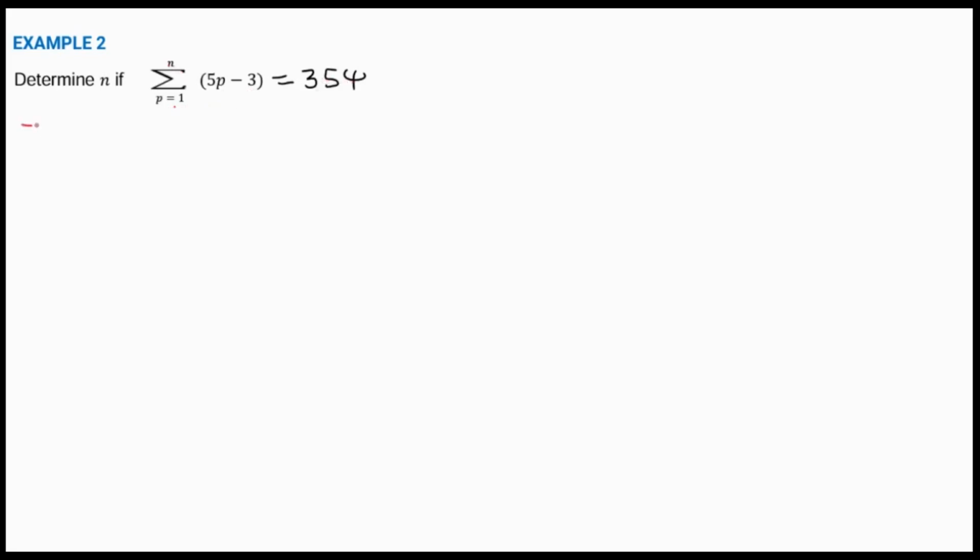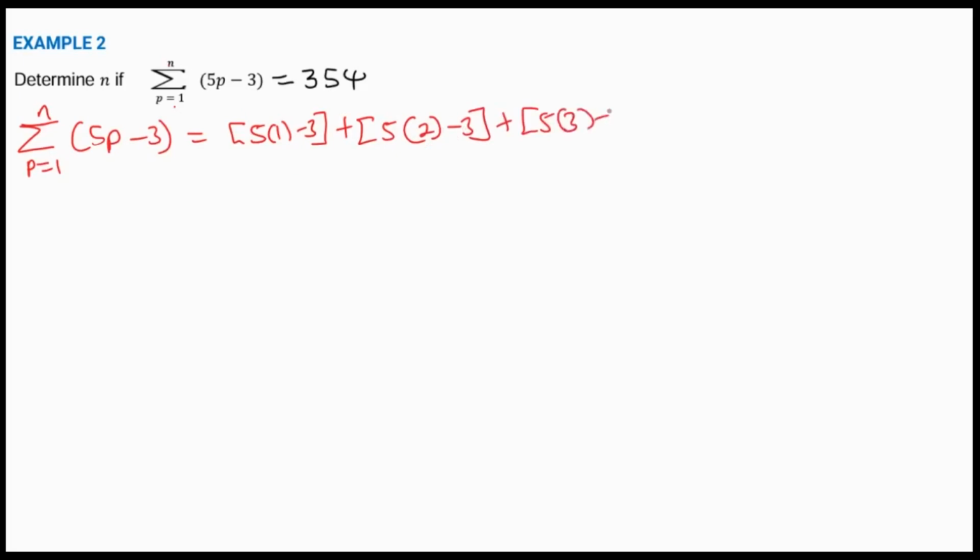So where there's p, you put 1, becomes 5 times 1 minus 3, that's the first term, plus the second term, 5 times 2 minus 3, plus the third term, 5 times 3 minus 3. It goes on like that till we substitute n.